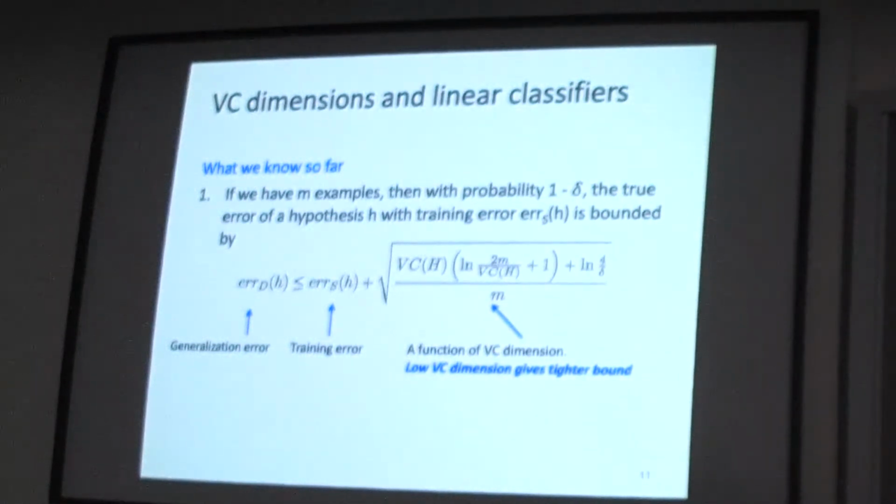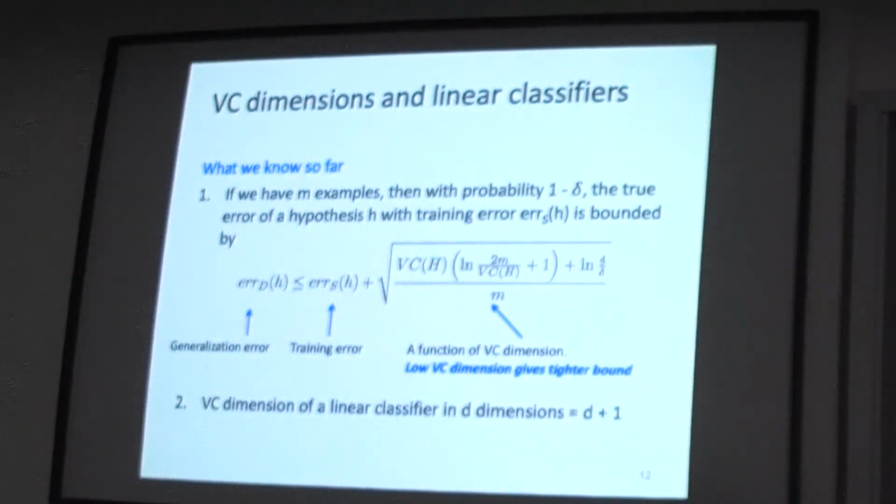But there is one bottleneck. As we mentioned before, if we look at the VC dimension of the entire set of linear classifiers in a d-dimensional space, the VC dimension is fixed. It's simply d plus 1. So it seems that there's nothing to improve anymore, at least in terms of the true error bound.